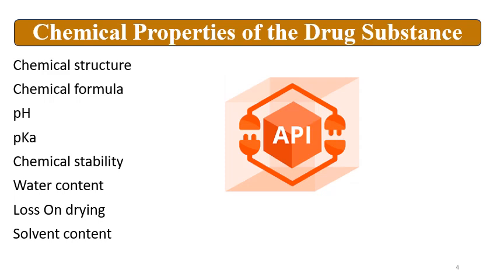So the water content, then the solvent content is very important for the calculation of the potencies. Then loss on drying is also important, as the loss on drying factor is involved in the potency calculations. So these are the chemical properties which are required to be understood in detail.